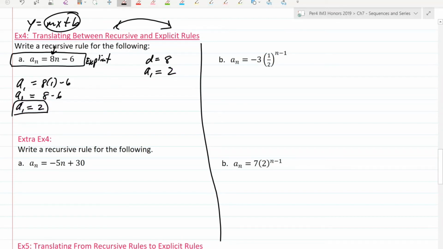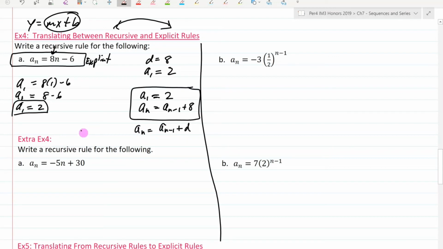So in your formula, you would say, okay, the first term is 2, and the formula is the previous term plus 8. Because it's always the previous term plus d when it's arithmetic. So this is your answer.